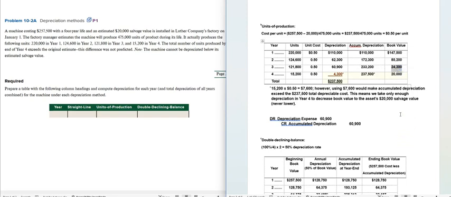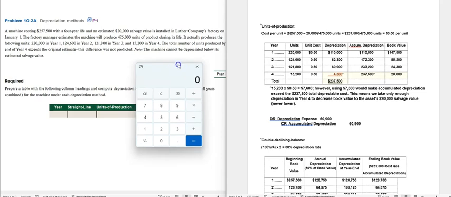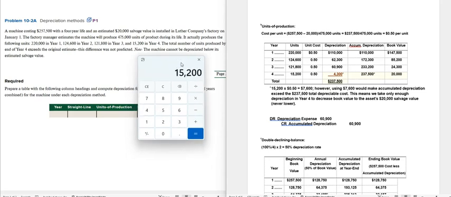Now the one thing we have to watch with this method is we have to be paying close attention in year four, because in year four this thing was used to produce 15,200 units, actual production times 50 cents per unit. If I were to record 7,600 worth of depreciation expense, it would cause my accumulated depreciation amount to go too high, resulting in a book value falling below my salvage value.